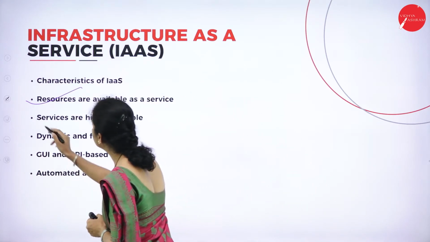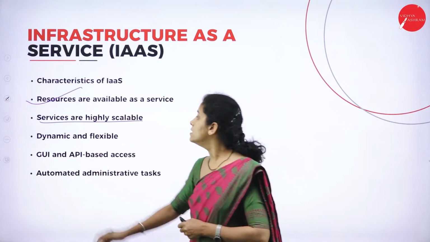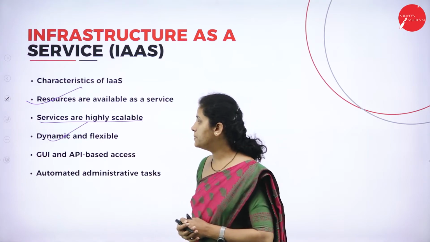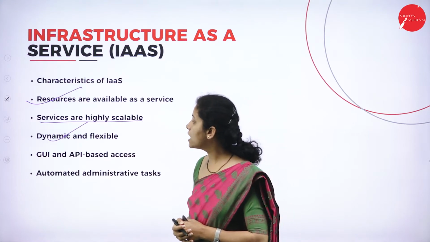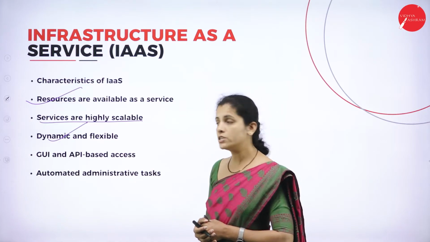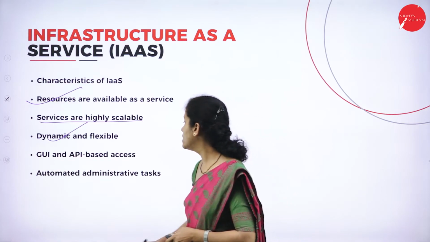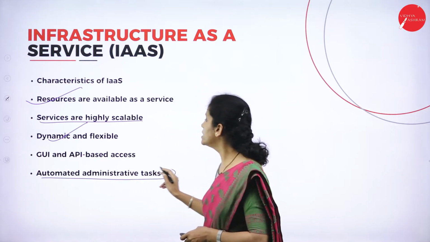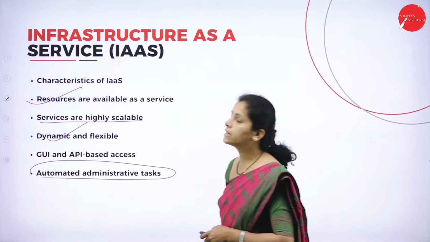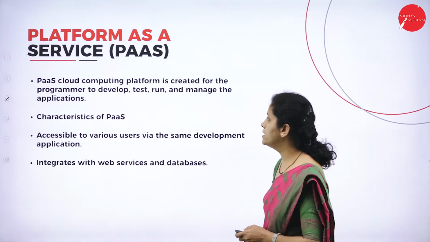All the services are highly scalable, dynamic and flexible, and it provides a graphical user interface as well as an application program interface, with access and automated administrative tasks. These are the characteristics of infrastructure as a service.